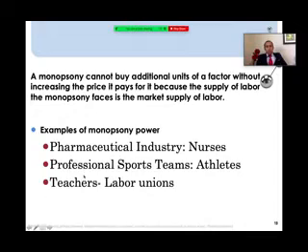Teachers, on the other hand: we have seen strikes from LAUSD and other teachers associations that often go on strike, because technically there are only certain places where you can work as a teacher. Teachers have the common perception that they are underpaid.